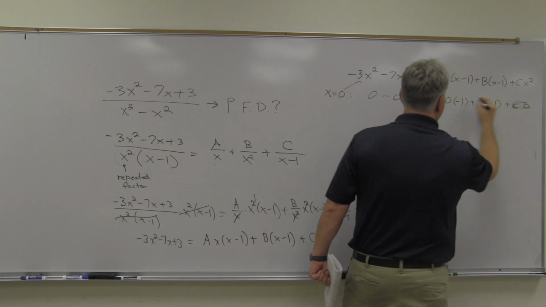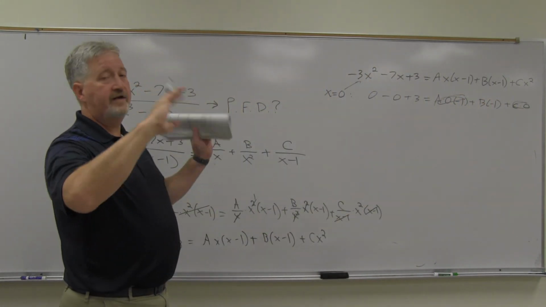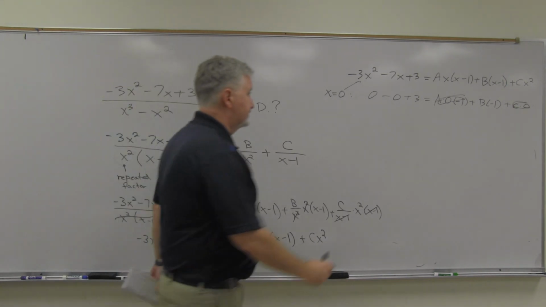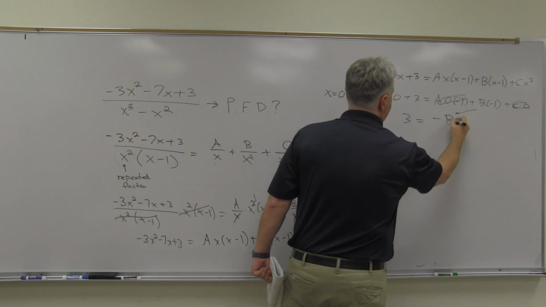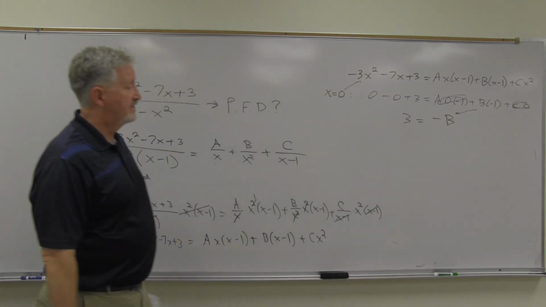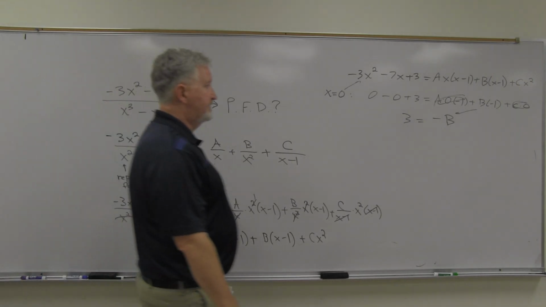So these a and c and a couple of terms up here all go away because x is 0. All that's left is 3 on the left, negative b on the right. So I got b is negative 3.